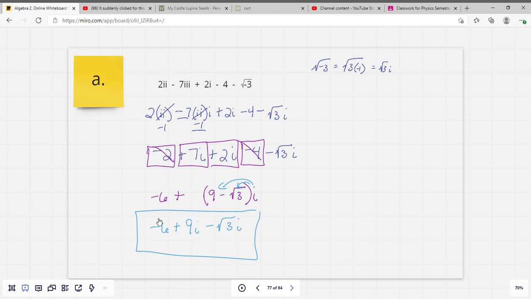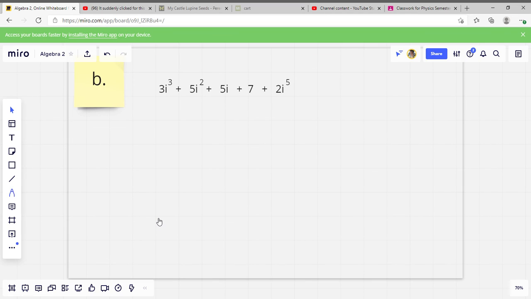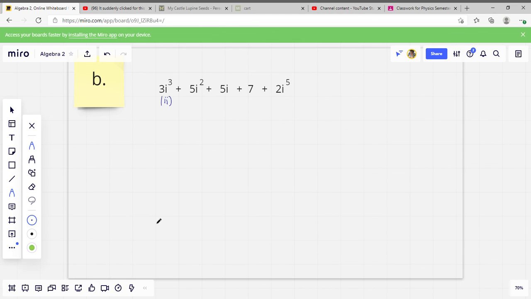All right. B. All right, so this one's got i to the third. That means we've got 1, 2, and 1 left over. This one is 5, and that's got 2 of them. This one is 5i. That one's a 7. 2i to the 5th.